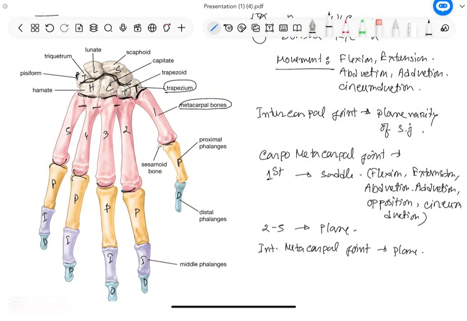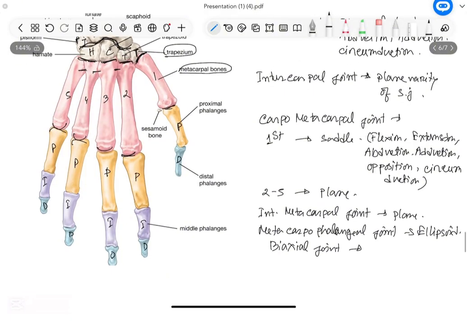So now first we will see the metacarpophalangeal joint. The metacarpophalangeal joint is an ellipsoid variety of synovial joint, and it is a biaxial joint.